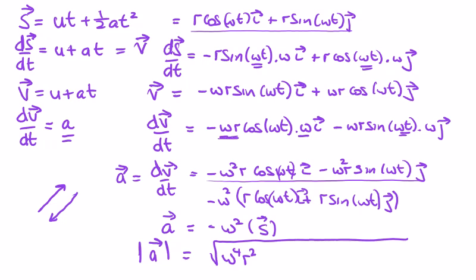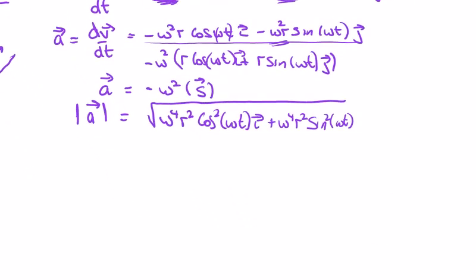If I square both of these two things, it's going to be cos squared wt in the i direction, and then in the j direction it's going to be the same: w to the power of 4 sine squared wt. And what do you all know about cos squared plus sine squared? You know that cos squared plus sine squared is equal to 1.